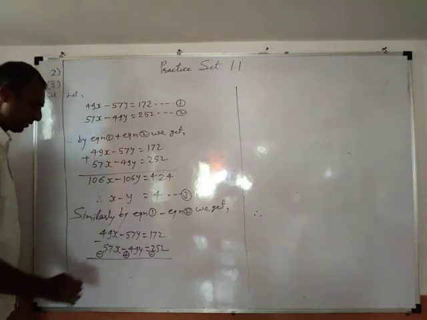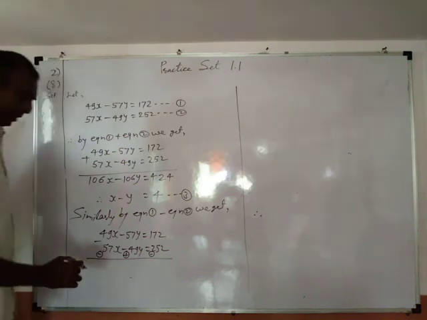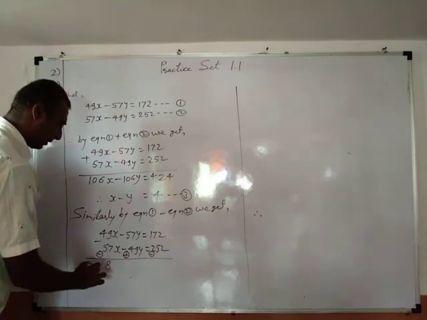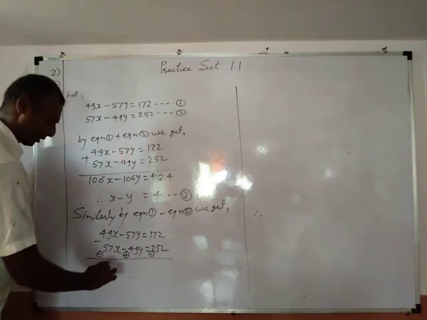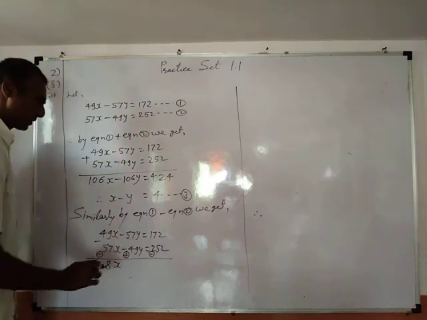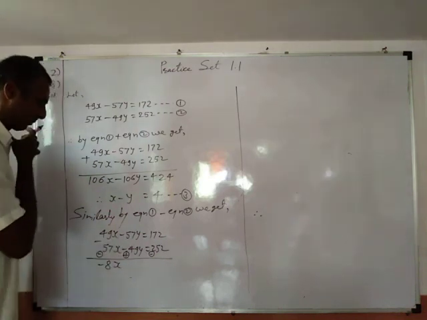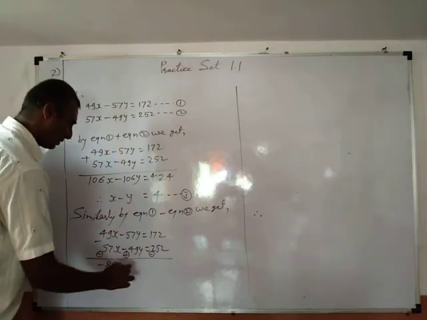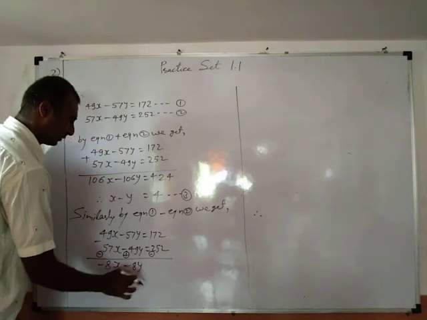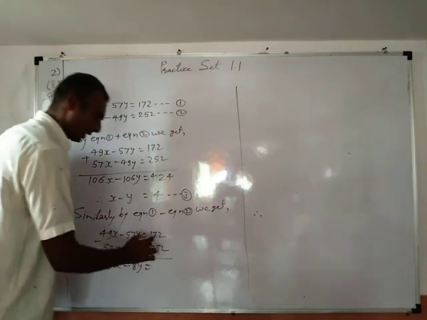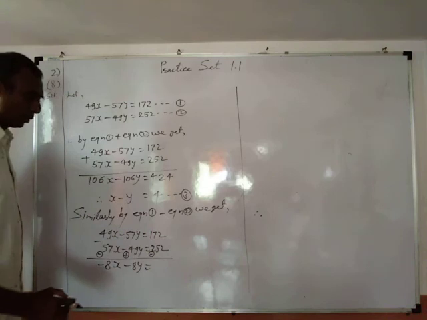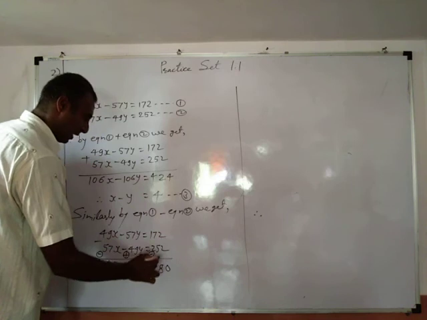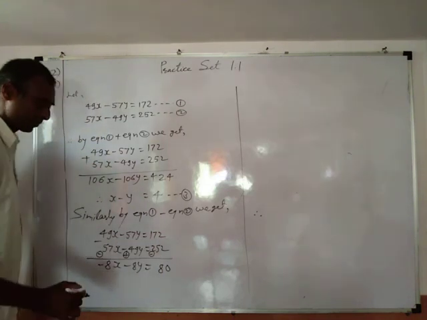49x minus 57x. Okay, 49 can be subtracted from 57, which gives us 8, but the sign will be minus, means this will be minus 8x, minus 57y plus 49y. Okay, minus 57y plus 49y means minus 8y equals 172 can be subtracted from 252. 2 minus 2 gives us 0, 15 minus 7 gives us 8, and 1 minus 1 gives us 0.